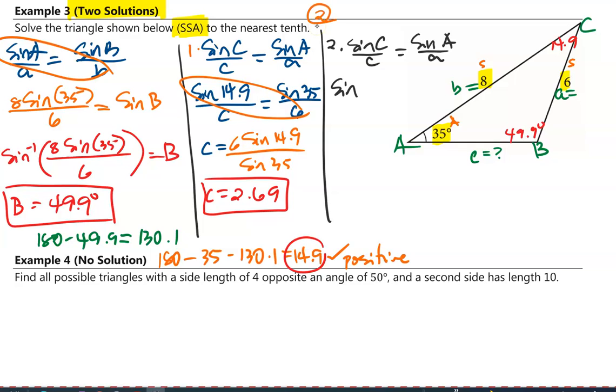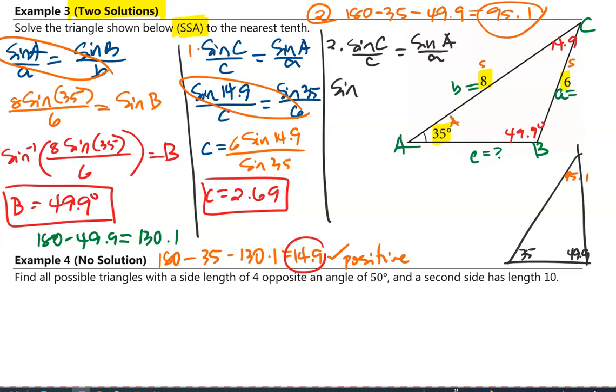So look at this, 180 minus 35 minus 49.9 is equal to 95.1. So this is the second triangle with the 95.1 angle.